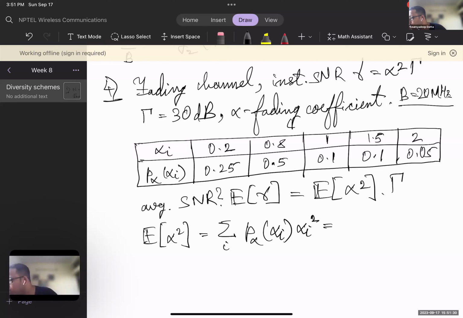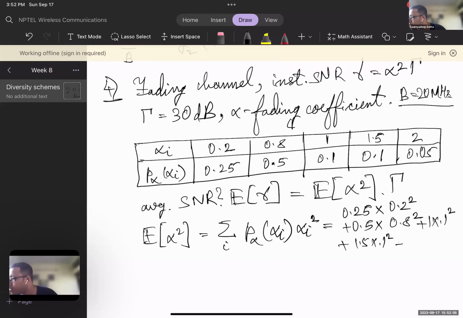This is a very quick calculation. So this will be 0.25 times 0.2 squared plus 0.5 times 0.8 squared plus 1 times 0.1 squared plus 1.5 times 0.1 squared plus 2 times 0.05 squared.